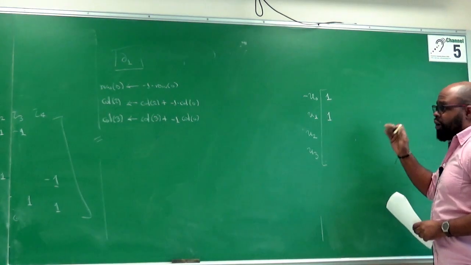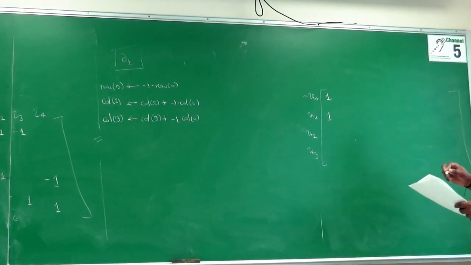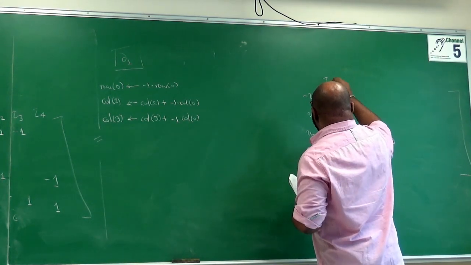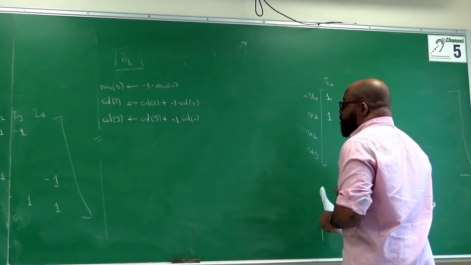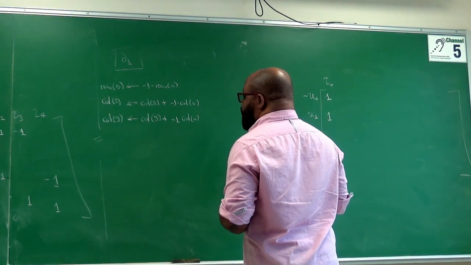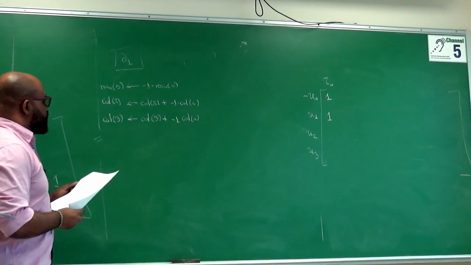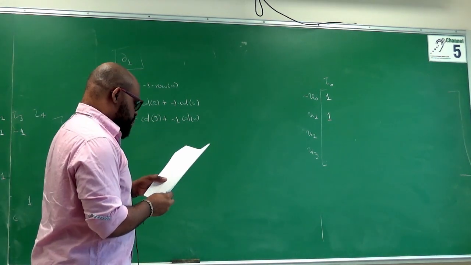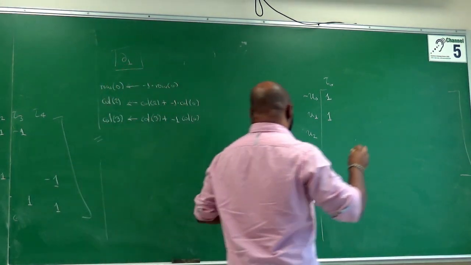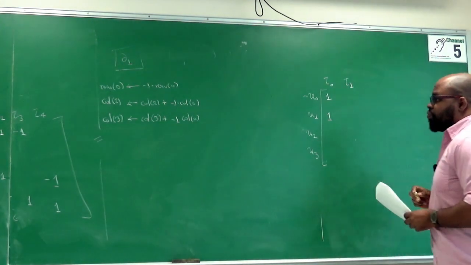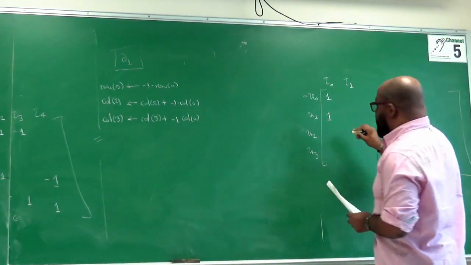Now let's look at how the columns are changing. So now this is tau 0. Tau 1, right, so nothing happens there.